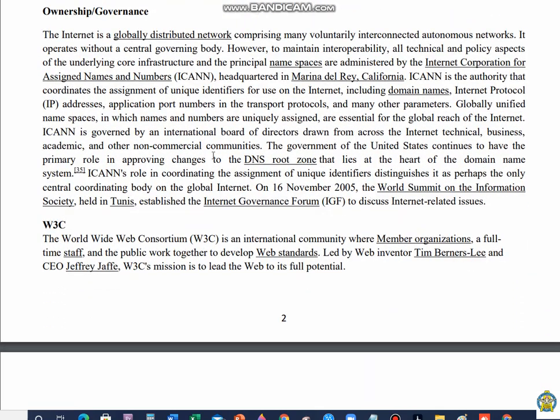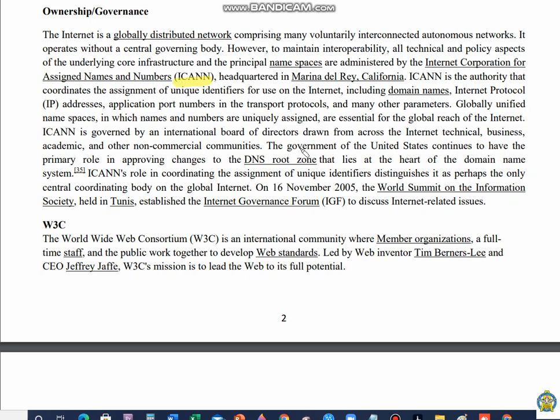Then, who governs the internet? This is a question very often asked. There is no single person or country who owns the internet. It belongs to everybody, everybody uses it, but there is a group that manages or sets standards and governs certain rules and protocols that are required. That is called the Internet Corporation for Assigned Names and Numbers.